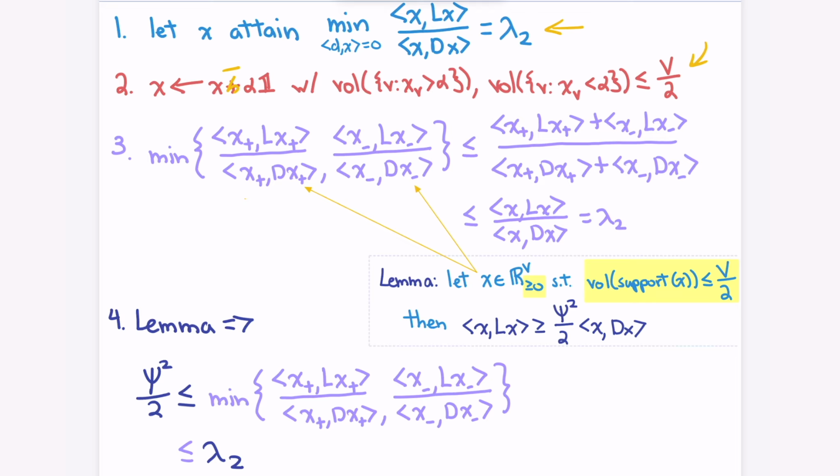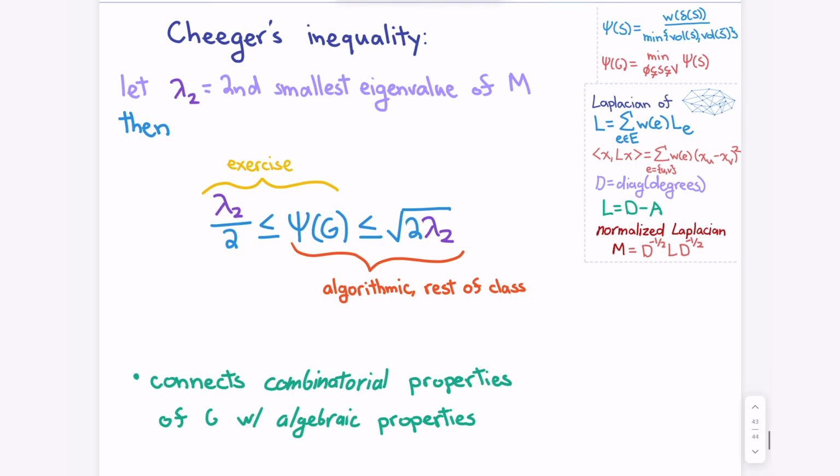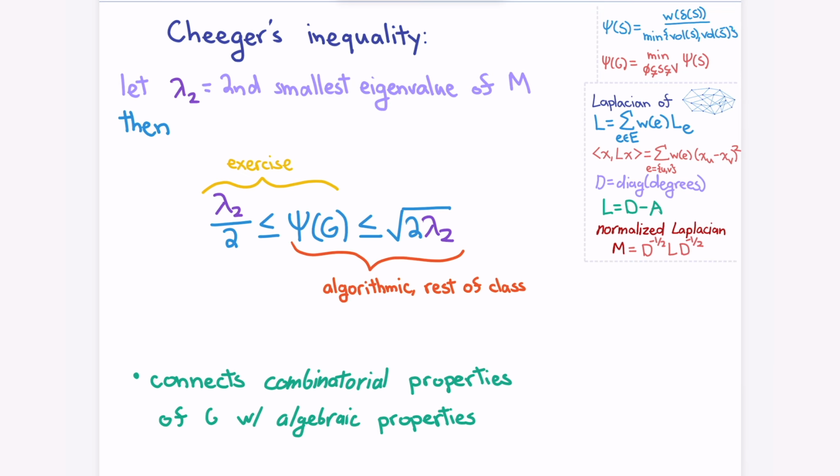And now we know that either the plus or the minus is going to attain the ratio we want, and we apply the non-trivial lemma to both, and we get some cut with low conductance relative to lambda 2. And so that sums up Cheeger's inequality.